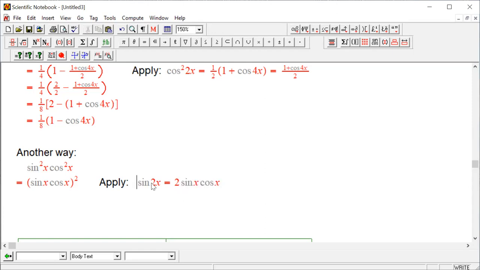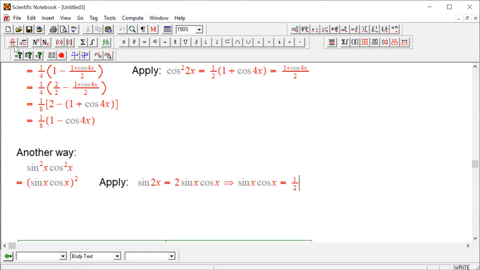So if we divide both sides by 2, we will get sine x times cosine x equals half of the sine of 2x.